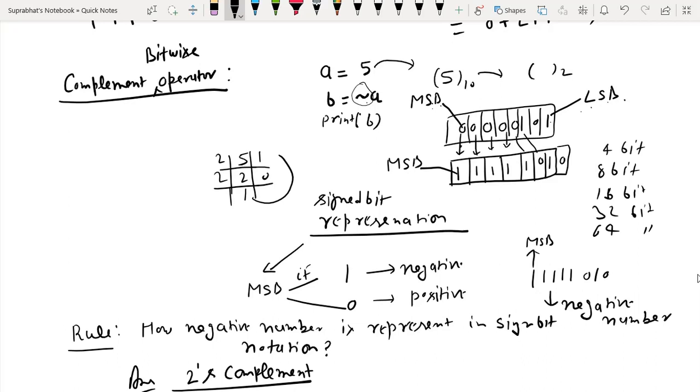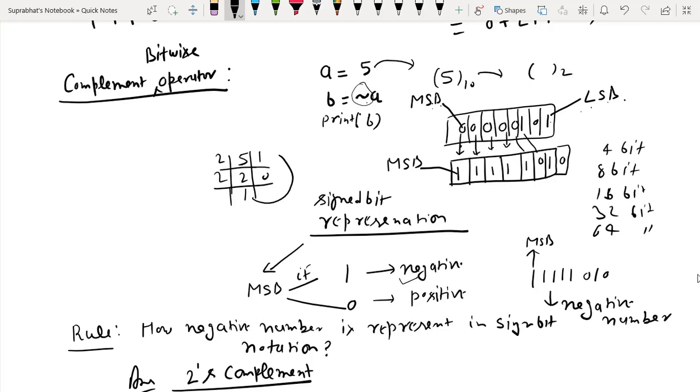The rule of this operator is that it reverses the bits. Complement means it reverses the bits, that is 0 becomes 1 and 1 becomes 0. So after applying this operator, the value is like 1 1 1 1 1 1 0 1 0. I told you in sign bit representation, if MSB is 1, it means a negative number.